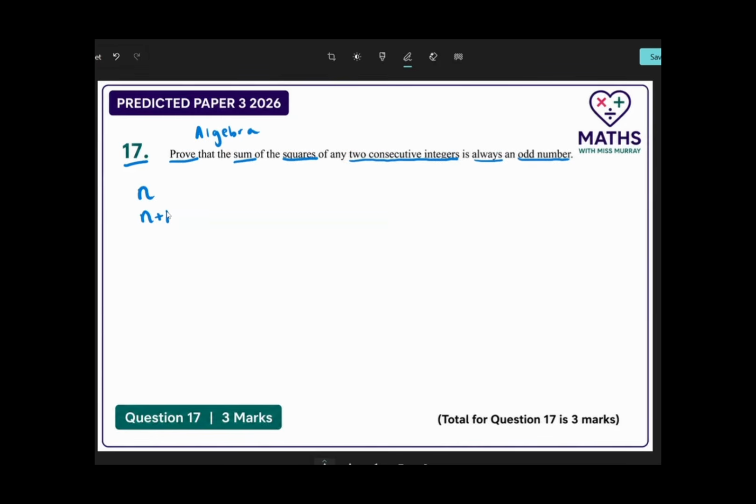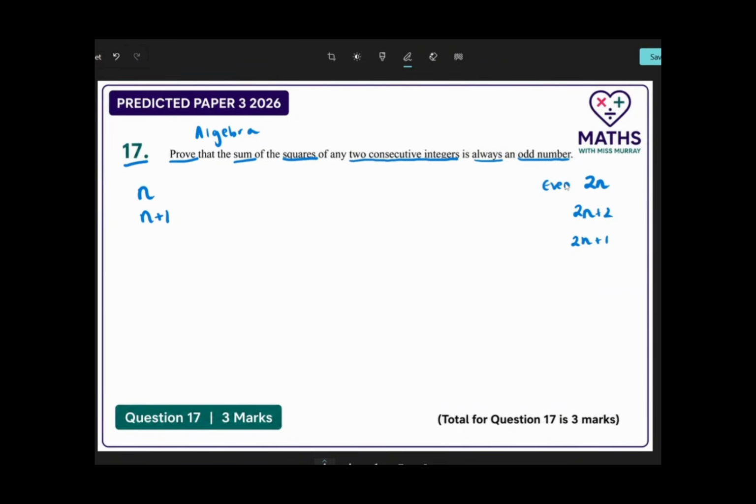Just as a side note, not to do with this question, if you want to represent an even number, they like you to use 2n. The next even number after that would be 2n plus 2. If you wanted an odd number, well, that's going to be an even number plus 1, because after an even number, you get an odd number. So this is even.